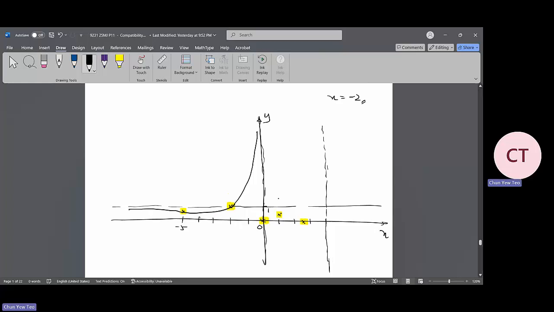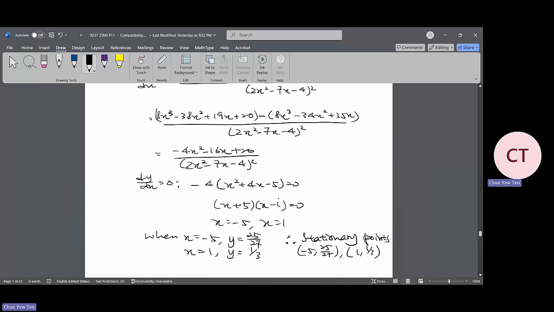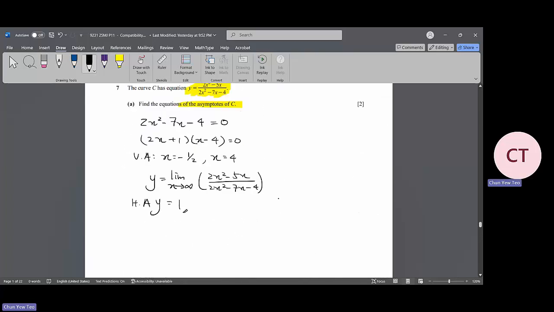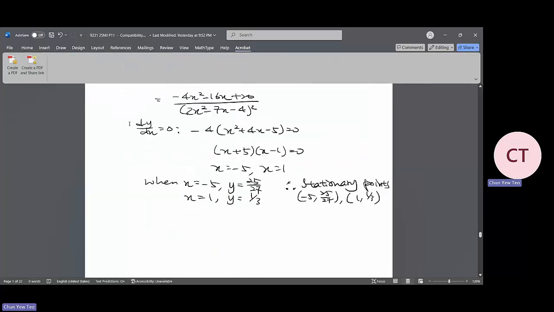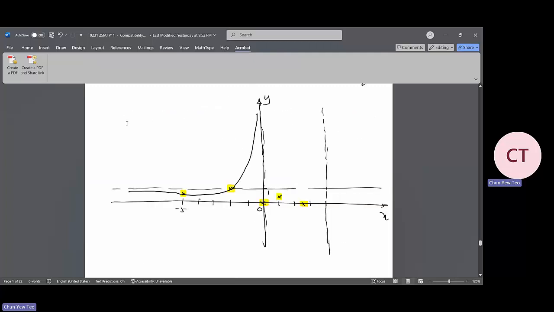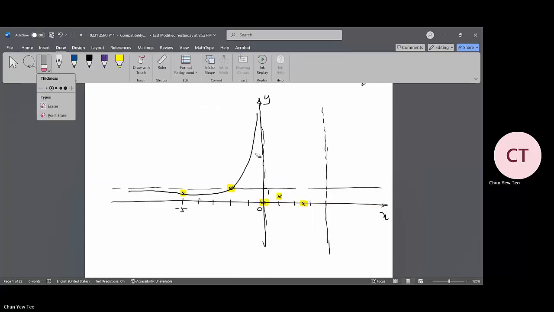Oh, sorry. I think I made a mistake. My vertical asymptote was wrong. My vertical asymptotes were -0.5 and 4. So this is wrong. This is not my vertical asymptote. My vertical asymptote happened here, -0.5. So your graph will be like this.